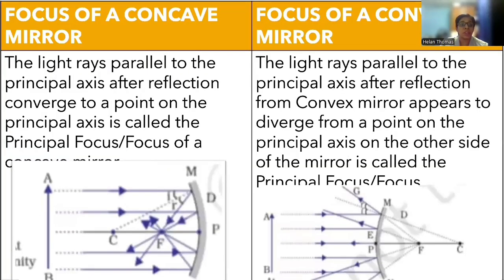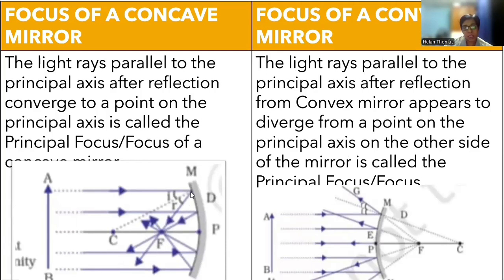Then focus of a concave mirror. We will be discussing both the focuses here. The focus of a concave mirror is that when the light rays are falling parallel to the principal axis, after the reflection, they will converge to a point which is called the focus of a concave mirror. So here the light rays are all falling parallel to the concave mirror.